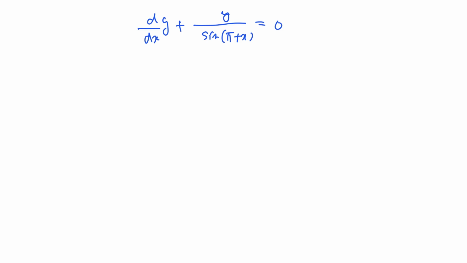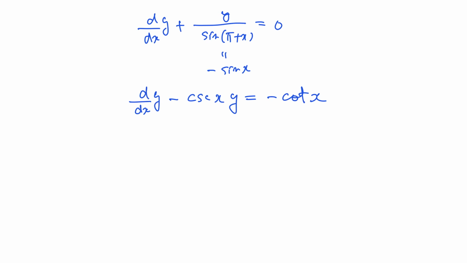So this is basically minus sine x, right? Now we have dy/dx plus minus csc x times y equal minus cotangent x. Step number 1, we find the logarithmic derivative.